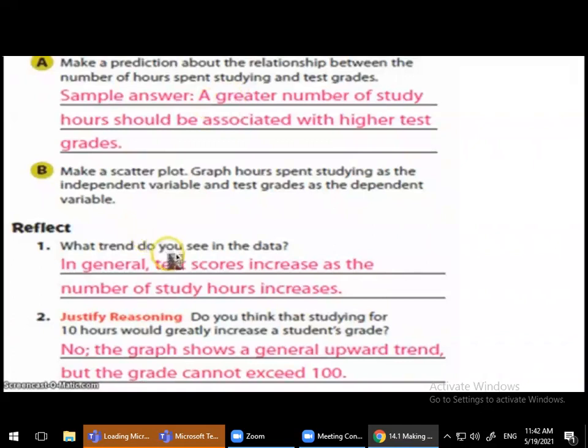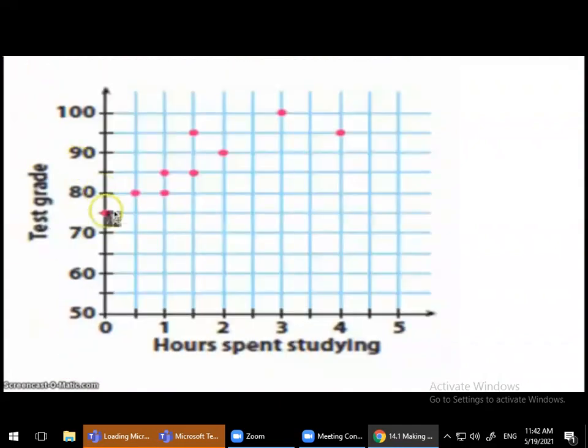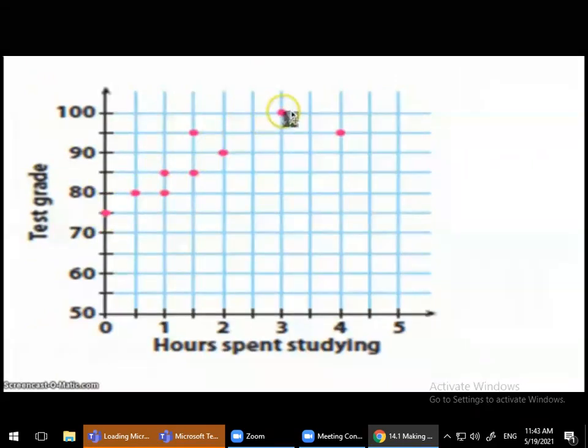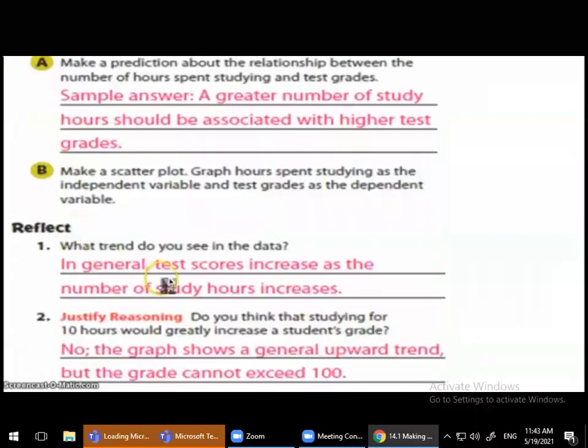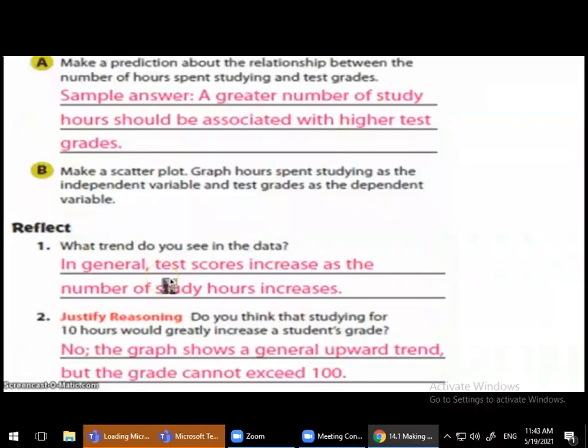Looking at the scatter plot, it asks what trend you see. As you notice, as it goes from left to right on the x-axis, the data is in general going up in value. So in general, the test scores increase as the number of hours increase.